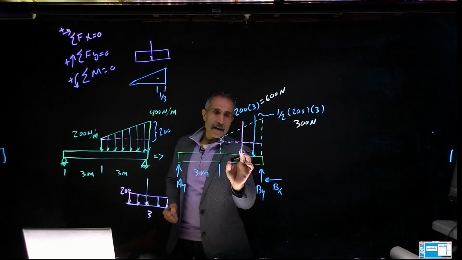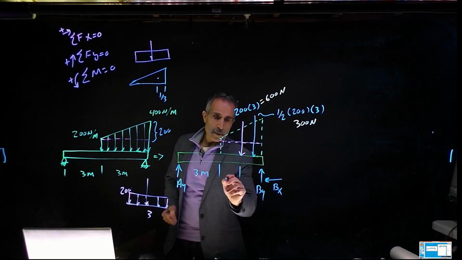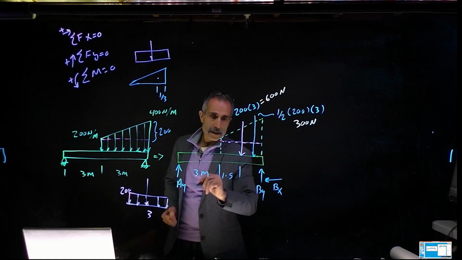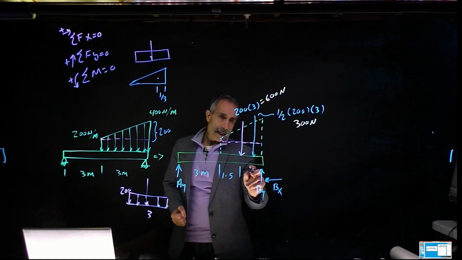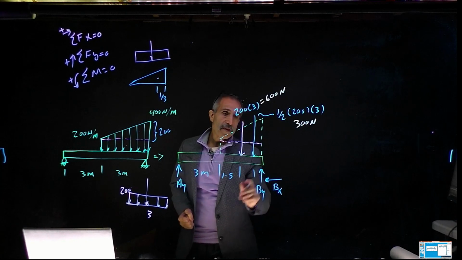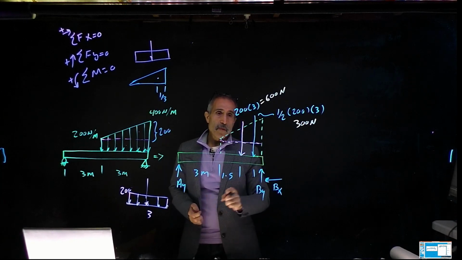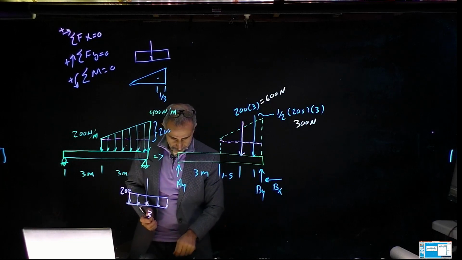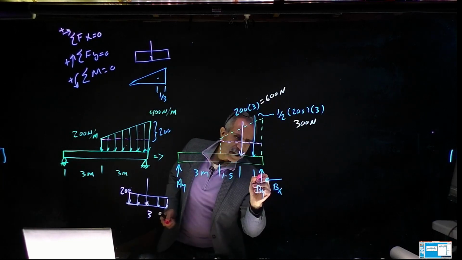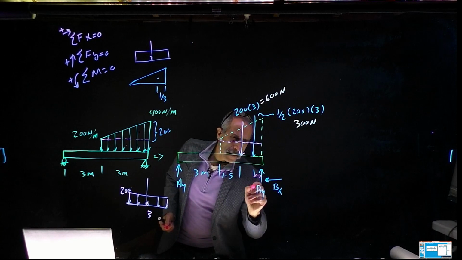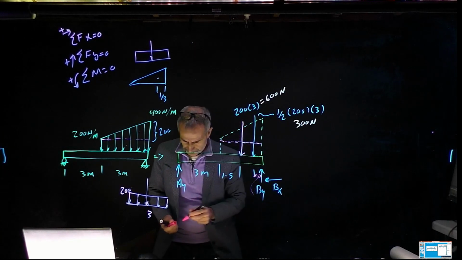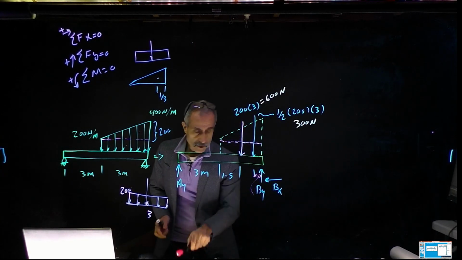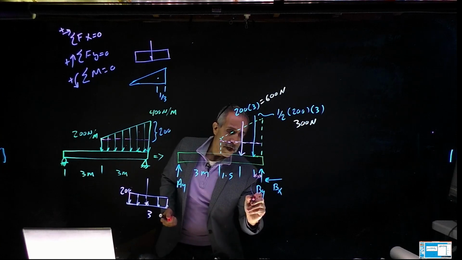The rectangle's load is in the center, so that's 1.5 from here, and the triangle's load is 1/3 from here, so 1/3 of 3. So this little distance right here is 1 meter.